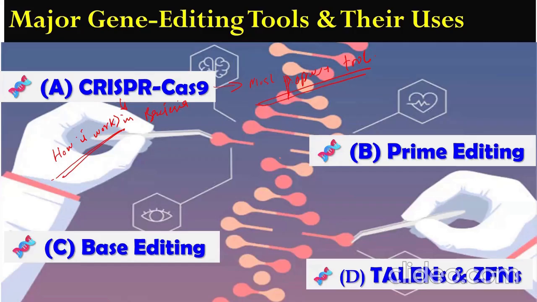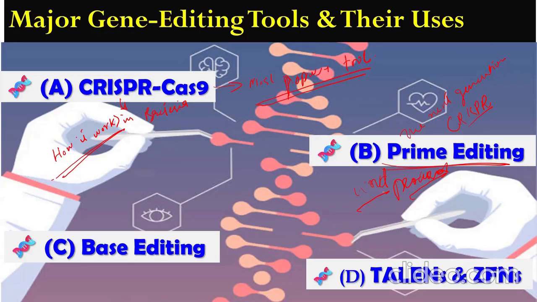The second important tool is the prime editing tool. This is known as the next generation CRISPR. It works like a word processor for DNA, making accurate changes without cutting both DNA strands.